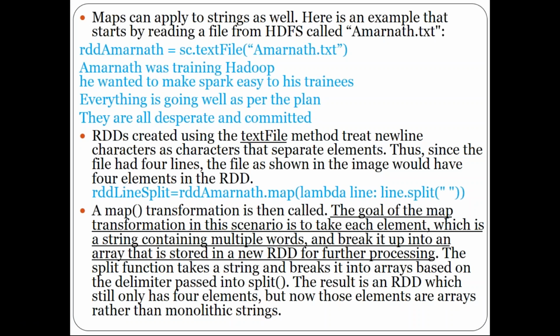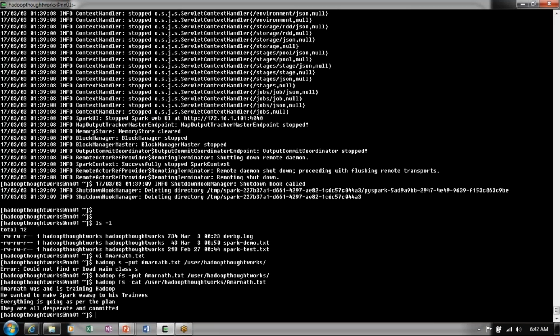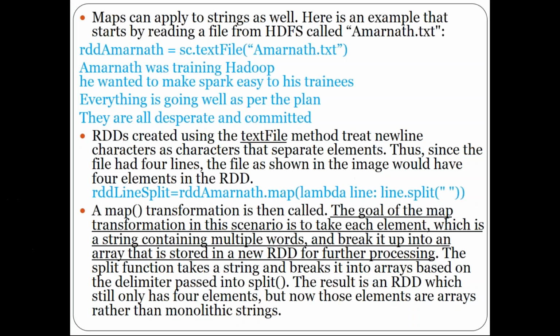The textFile method will treat new line characters as characters that separate the elements. So one line is one input, and you have 4 inputs now. Park your understanding there. Since the file had 4 lines, the RDD would have 4 elements.